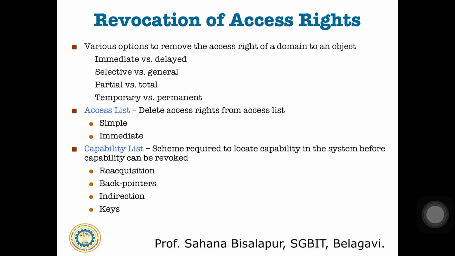Revocation is implemented by searching the global table for the desired entry and then deleting it. Whenever an access is attempted, if the capability is found in that table, it will be an illegal entry, because we have already wanted to remove it. Then table entries can be reused for other capabilities without any difficulty, as we have deleted the entry made in the table. So this is about indirection.